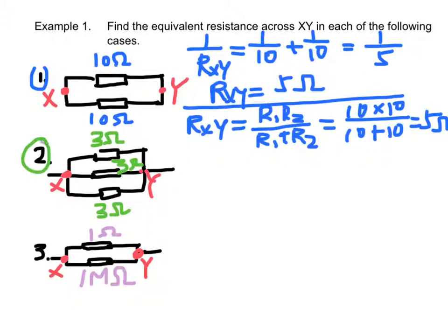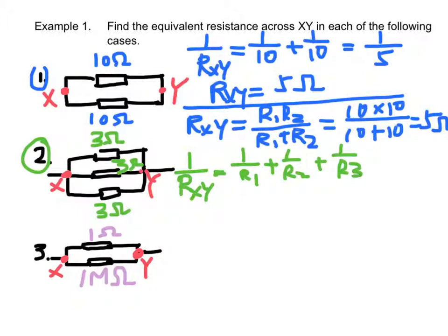For case 2, we have 1 over Rxy equal to 1 over R1 plus 1 over R2 plus 1 over R3 equal to 1 over 3 plus 1 over 3 plus 1 over 3 equal to 1. Therefore, Rxy equal to 1 ohm.